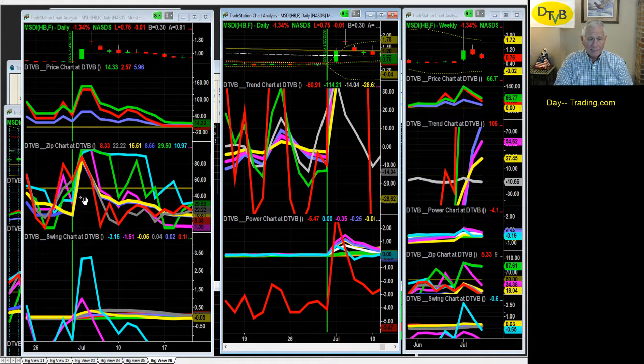Swing Zion is down, and swing pink is up. And that happens just a huge amount of time, where in gaps up, swing Zion is down and swing pink is up.